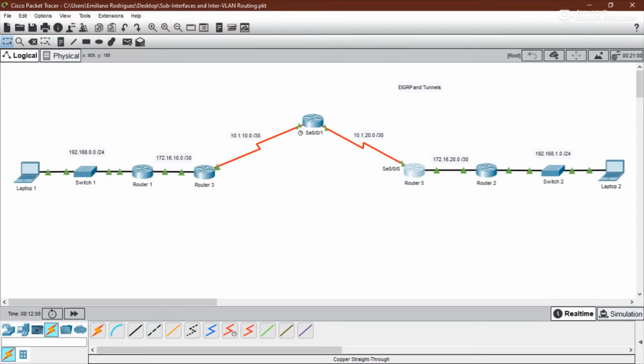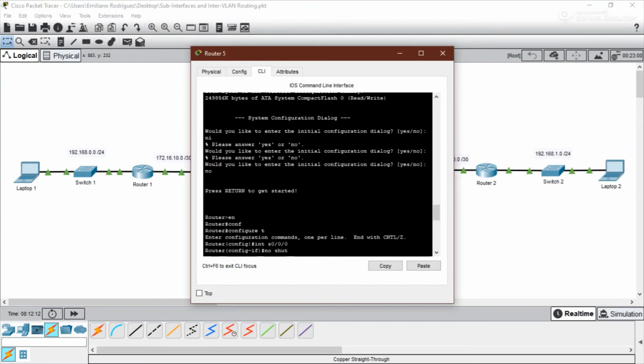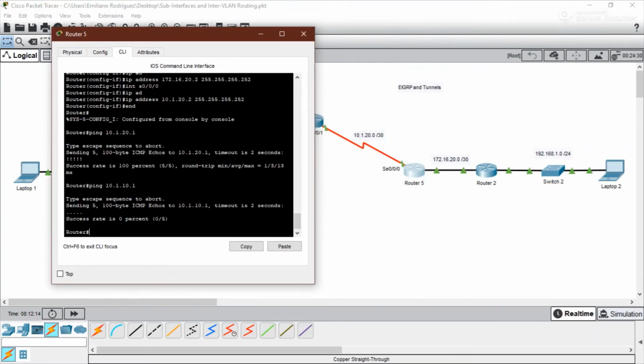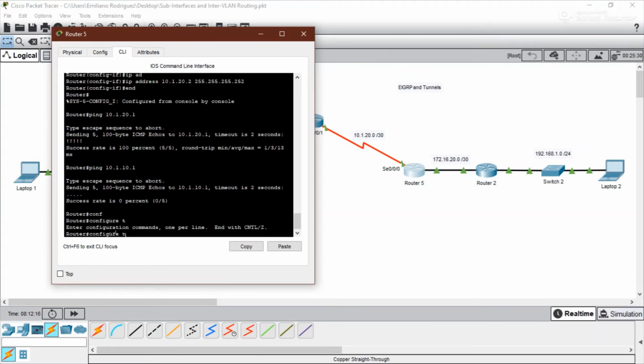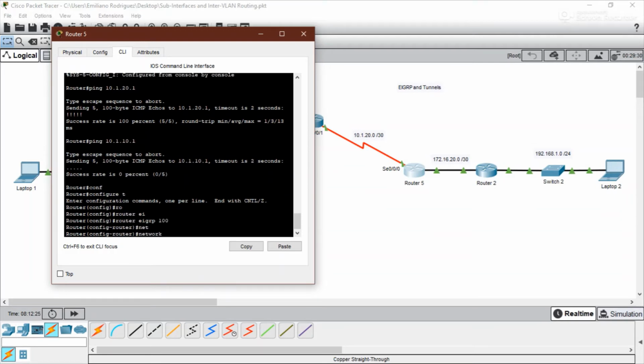We will continue to build EIGRP for our other local area network. For router 5, router EIGRP 100, network 172.16.20.0/30.